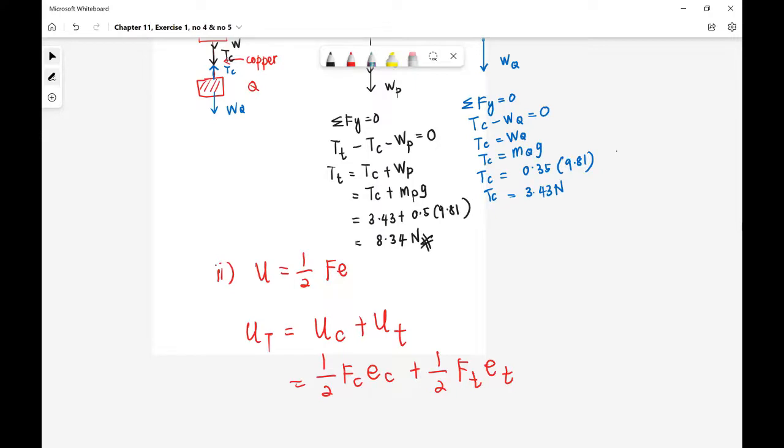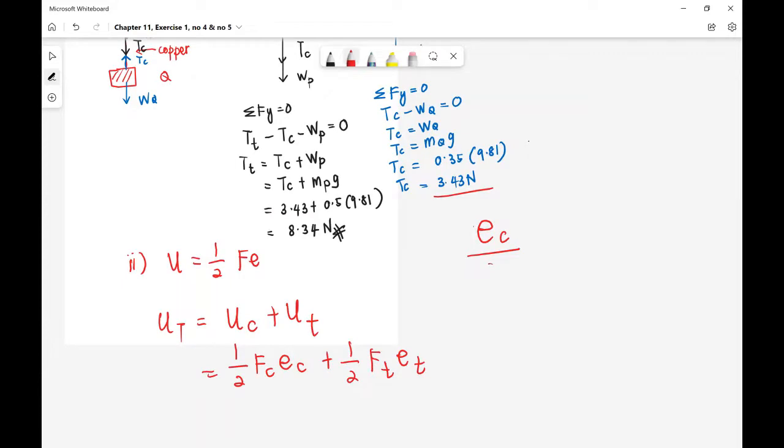Okay, so kita boleh cari dulu FC. Okay, FC dia akan sama dengan tension C. Okay, dah carilah sebenarnya yang ni. Dan EC kena cari. EC, okay, kita nak cari EC. Elongation of copper wire. Okay, kita boleh dapat daripada yang modulus equals FL naught over AE.